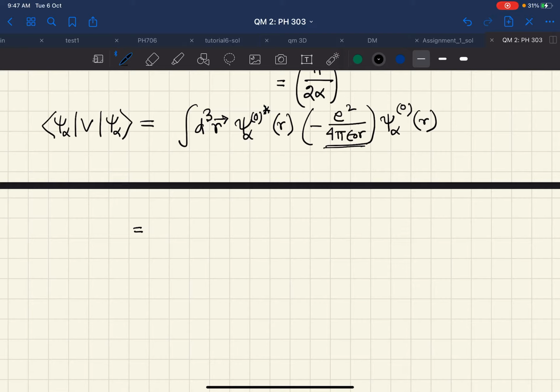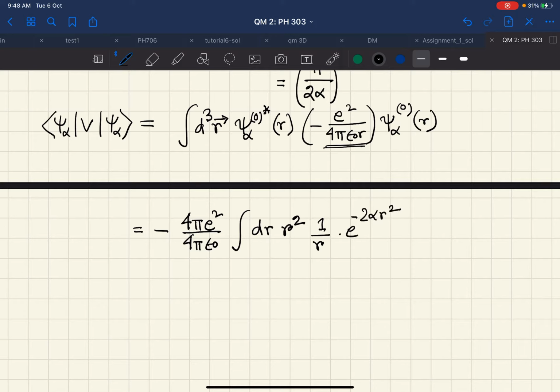Theta phi integrals will give us just the factor of 4 pi. So we will have minus 4 pi e square by 4 pi epsilon naught, and then this will be dr into, there will be 1 r square from r square sine theta d theta dr d phi, and then there is 1 by r from the potential, and finally e to the power minus 2 alpha r square.